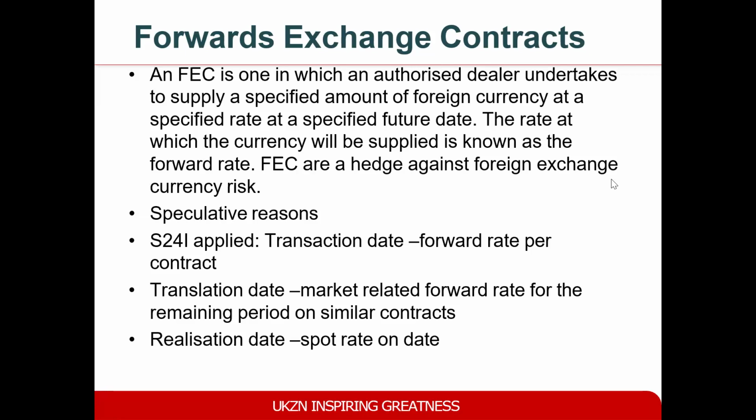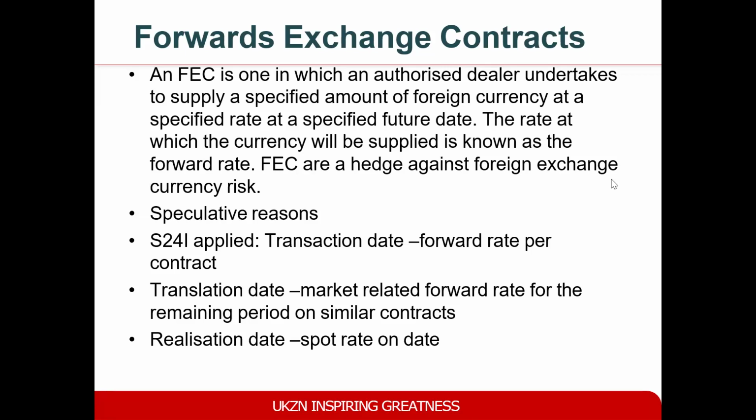You've got a hedge. So you are saying, I know there is a risk, I don't want to pay much. Let me buy a rate. This is what happens then. Sometimes you may do it for speculative purposes. So for your section 24I, you apply on the transaction date the forward rate per the contract.